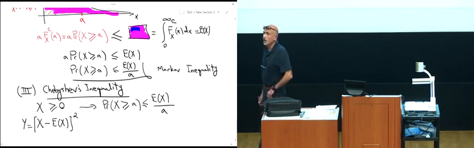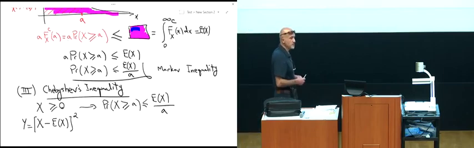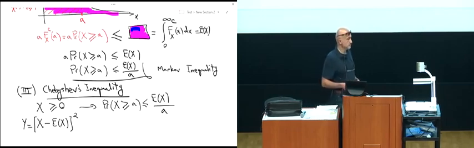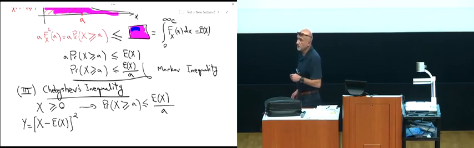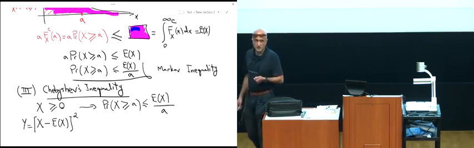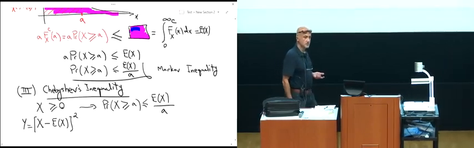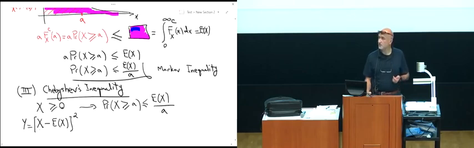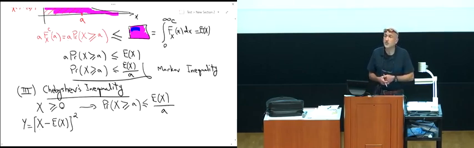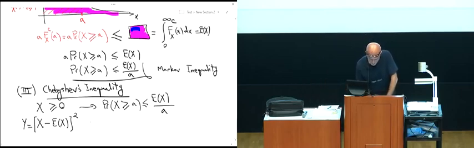In other words, Y measures the squared deviation of X from its mean, not the absolute deviation. Do you agree that Y is a random variable? Yes, of course, because it's a function of the random variable X. Do you agree that Y is non-negative? Yes.